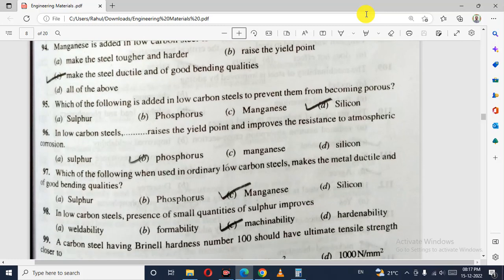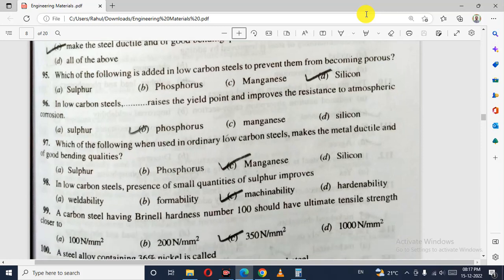Manganese. In a low carbon steel, the presence of small quantities of sulfur impurities improves machinability. Carbon steel with a Brinell hardness number of 100 should have an ultimate tensile strength closer to 350 Newton per mm square.